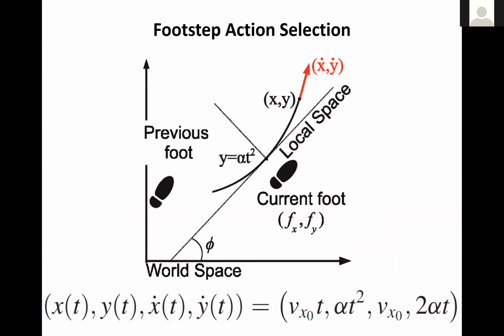Okay, this is essentially what it looks like. The movement of the character over the duration of a single step is defined as a 2D analytical approximation of the dynamics of an inverted spherical pendulum model. That's a mouthful.